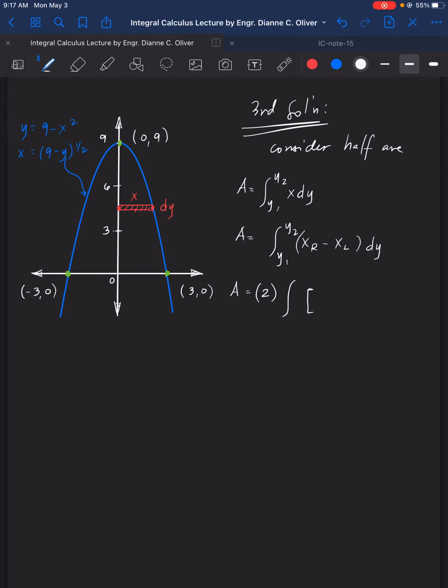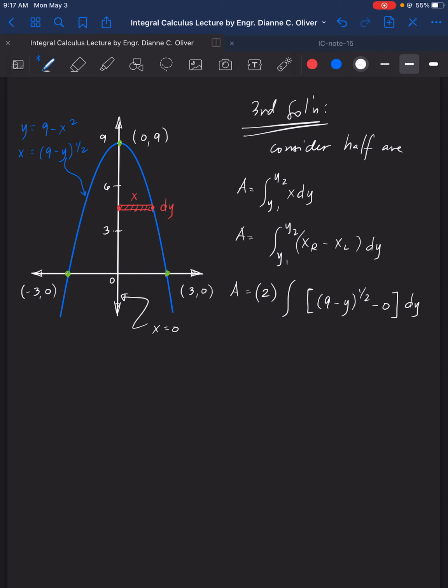Therefore, our x here becomes (9 minus y) raised to 1/2 minus x of the left, which is 0. Of course, this is x is equal to 0, the y-axis. And this one, dy.